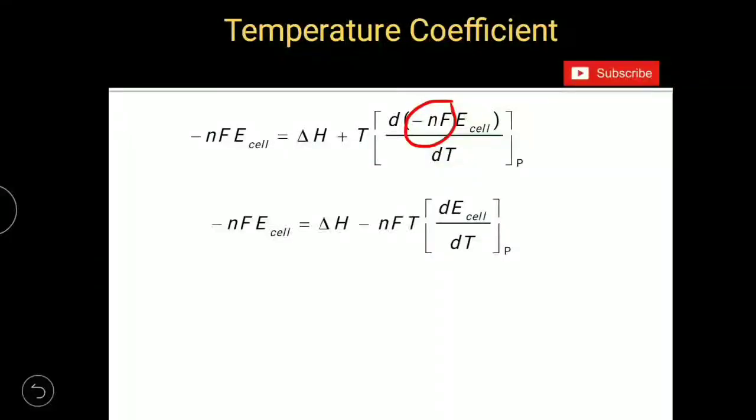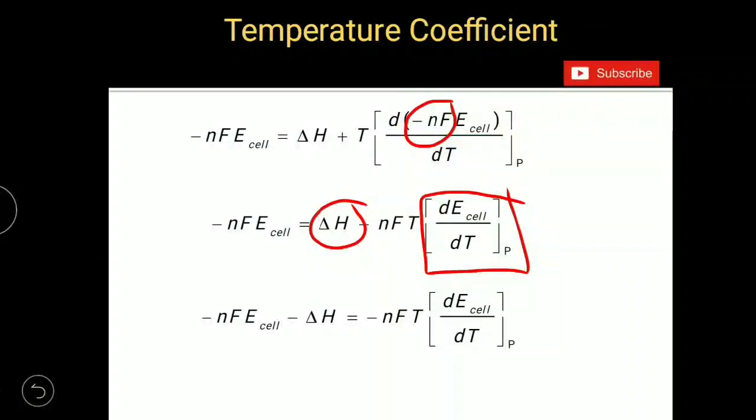So you will get an expression like this. And here dE cell by dT at constant pressure is the temperature coefficient. To get an expression for that, we need to move this delta H to the other side. Then you will get the expression like this.